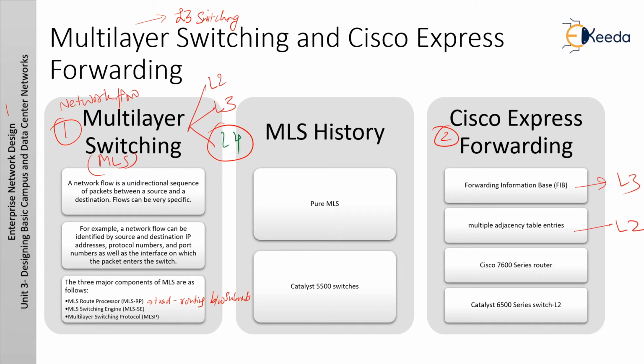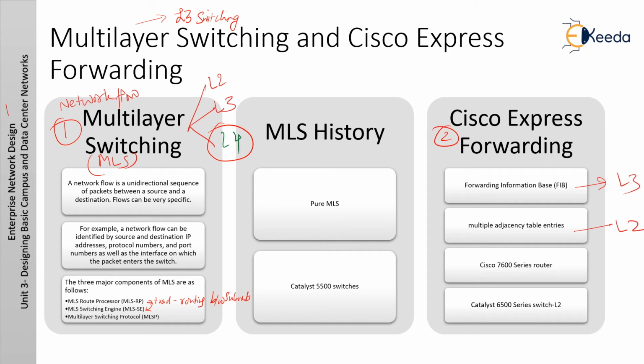Next is the multi-layer switching engine, MLSSE. The multi-layer switching enabled switch. These are multi-layer switching enabled switches that can offload some of the packet switching functionality from the MLS route processor.